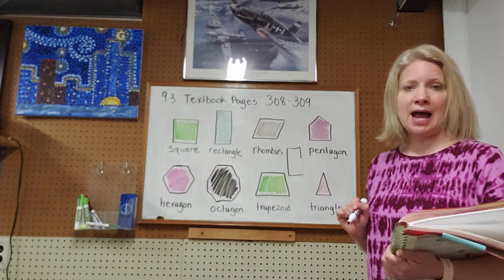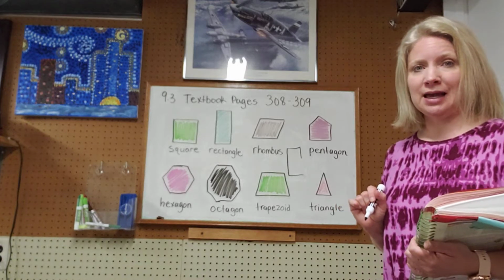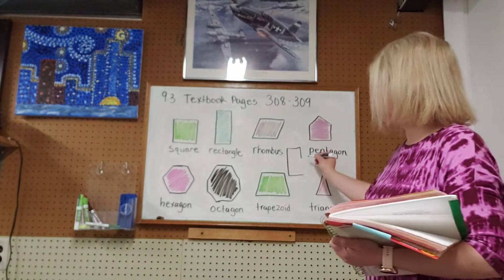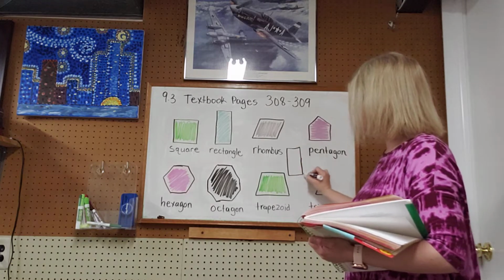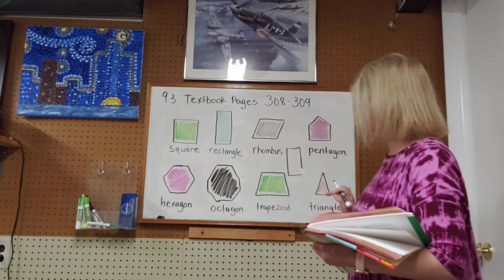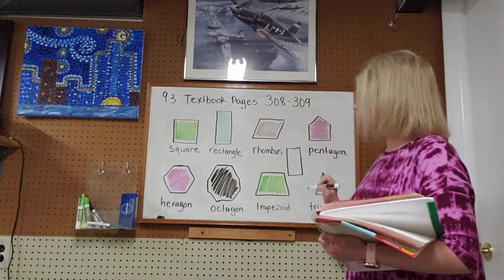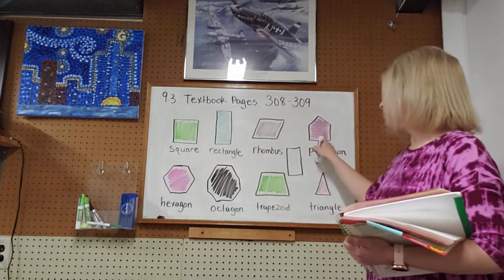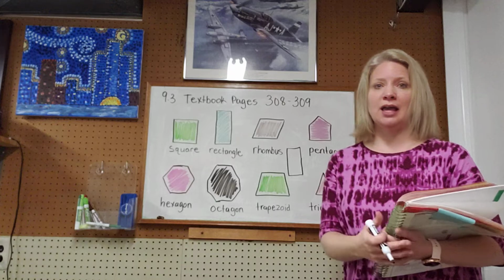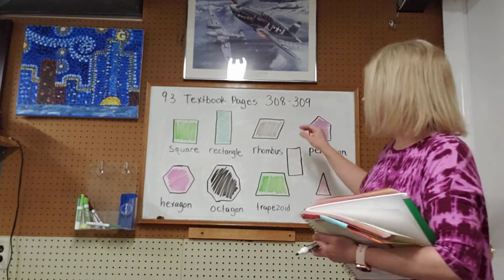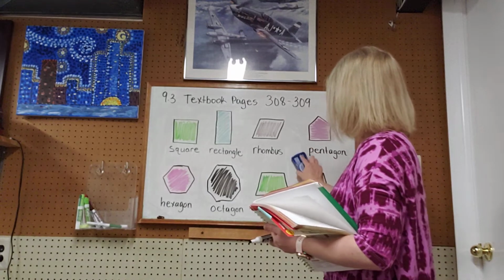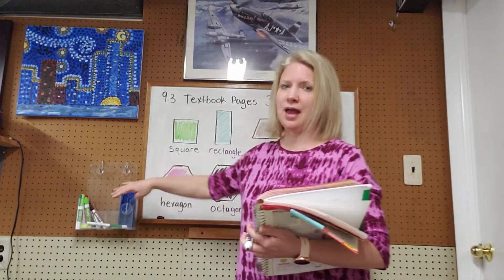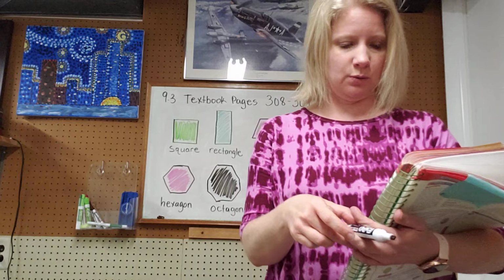So that would not fall under the category of a polygon because it doesn't have a closed, meaning all the lines connect. There is no open area, so it is closed. So all of these shapes are polygons because they have a closed design or lines. So all of those are closed. The opposite would be open, like I just showed you.